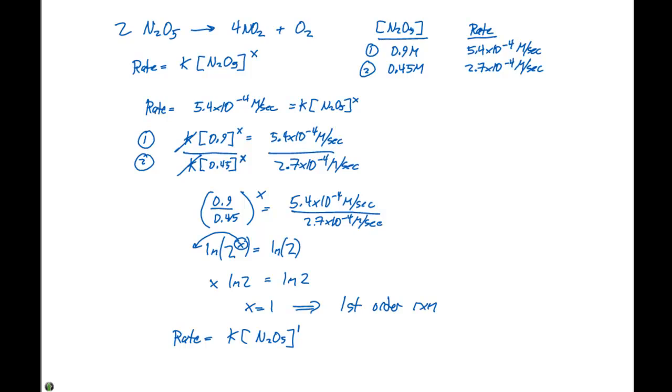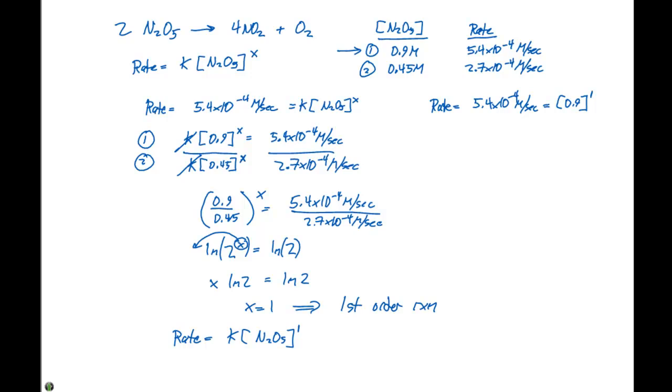If we look back up here, we can take either the first data point or the second data point for this, because we know that the rate is going to be equal to 5.4 times 10 to the minus 4 molar per second, which is going to equal k times 0.9 to the first power.